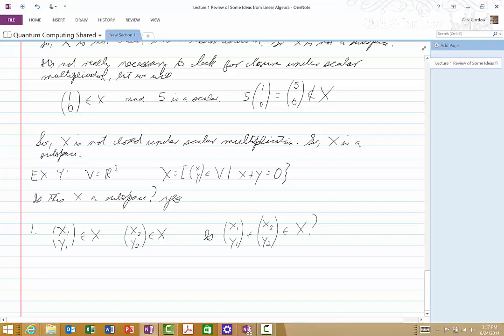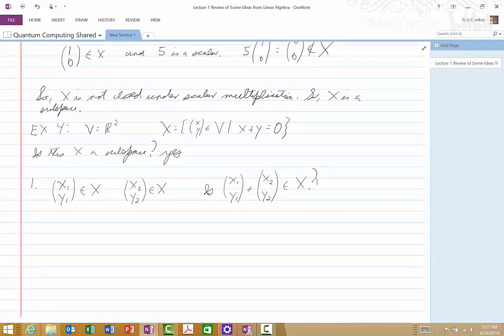That's the question. Well, we can proceed like this. (x1, y1) plus (x2, y2) is equal to the vector whose first component is x1 plus x2 and whose second component is y1 plus y2.